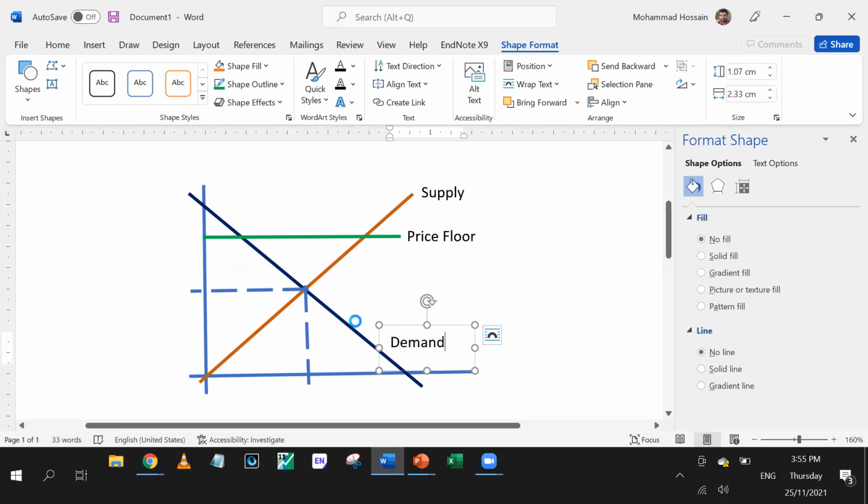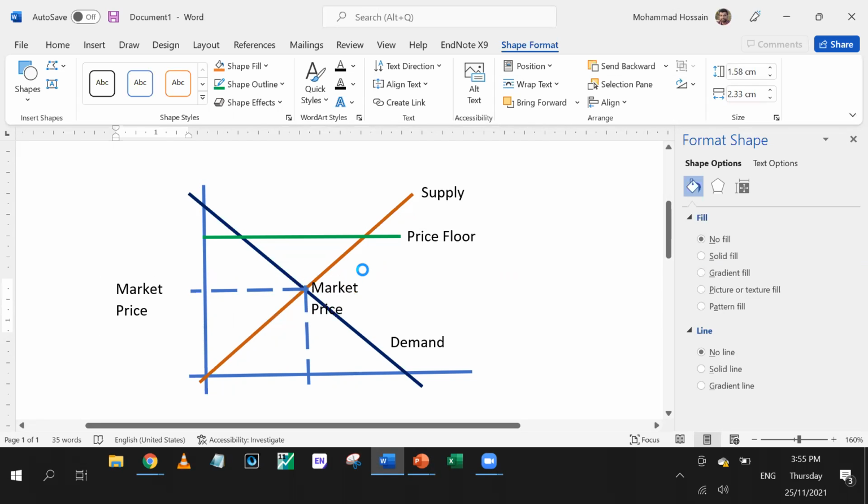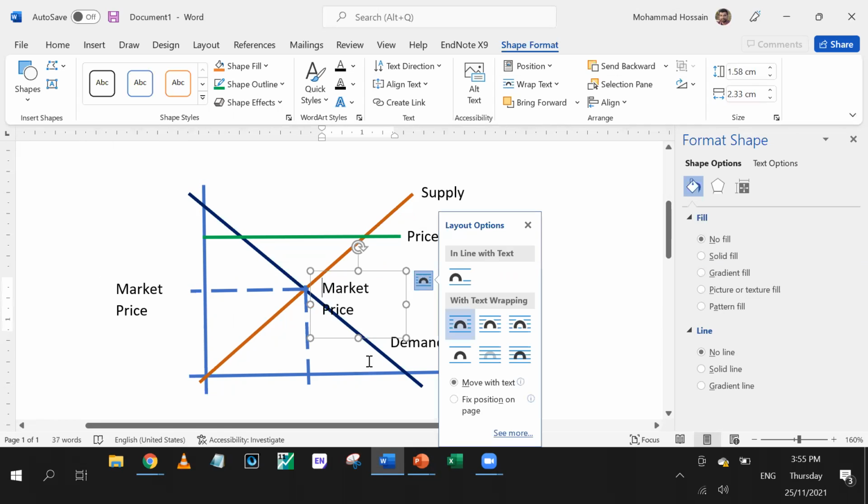This is the market price, or equilibrium price. This is your equilibrium point.